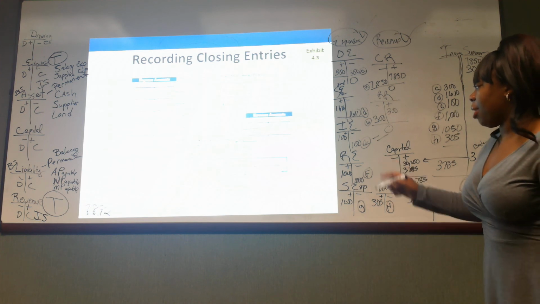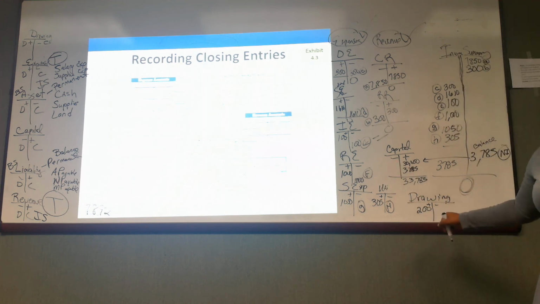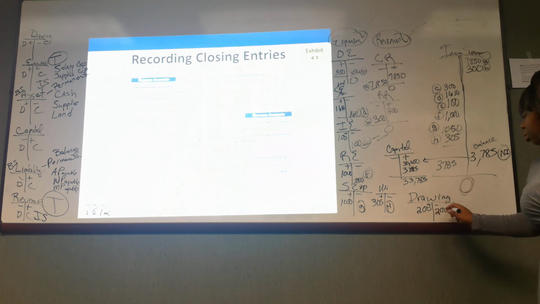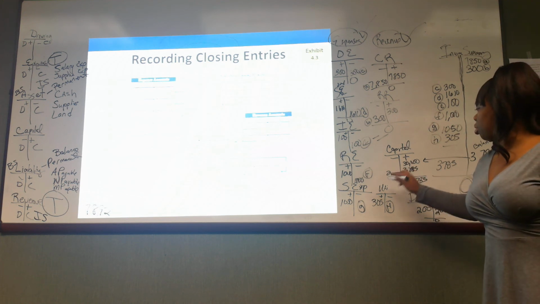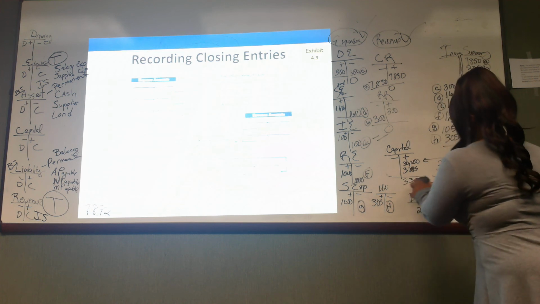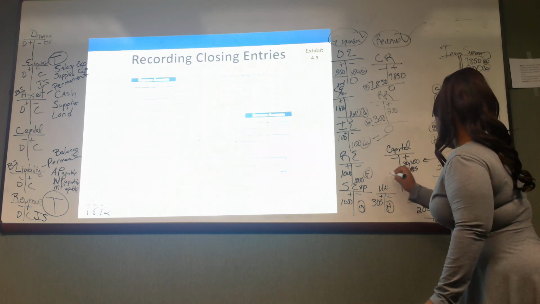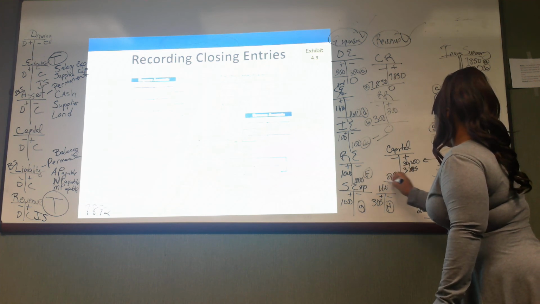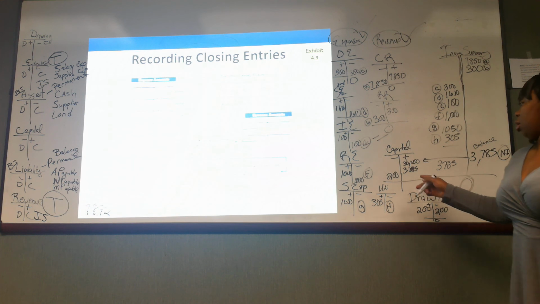So drawing had a balance of $200, but I want the balance to be 0. So I'm gonna do a credit to it. Now balance is 0, and then here's my debit. So 200.